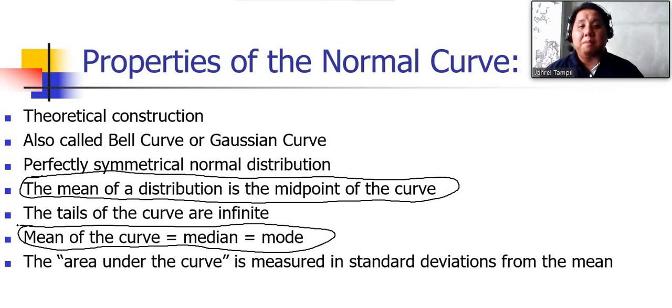And at the same time, it is the most occurring score, it is the most frequent, it is the most common score because it is the mode. And that value will become very powerful when we do our inferences and finding our probabilities. So, to know more about the normal distribution, let us go now to the next video.